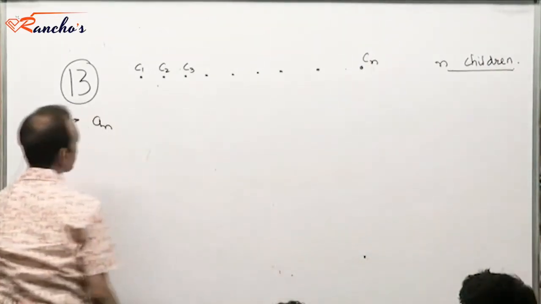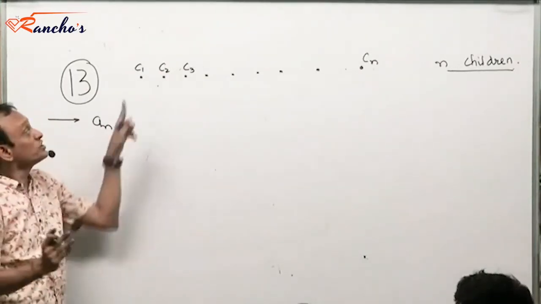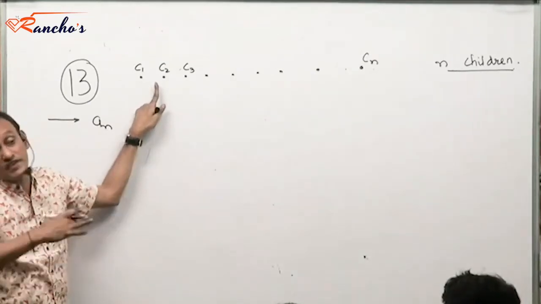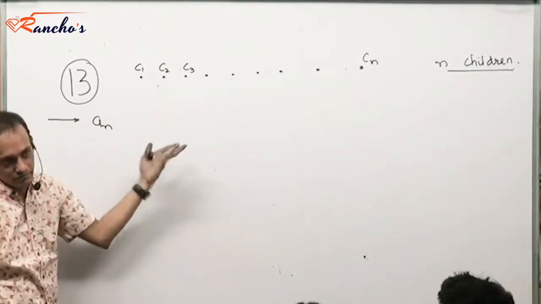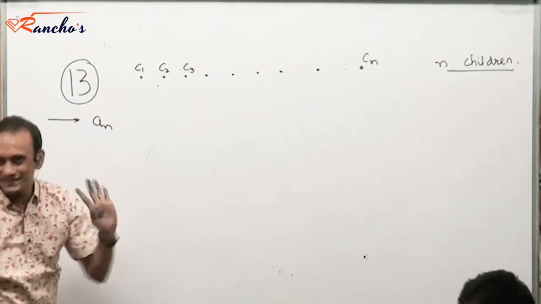Now, in this count, there were situations in which C1 was in its original state, and situations in which C1 was not in its original state. Right? These are the only two possibilities.